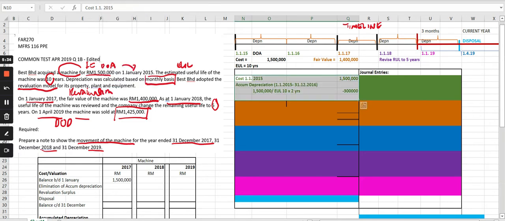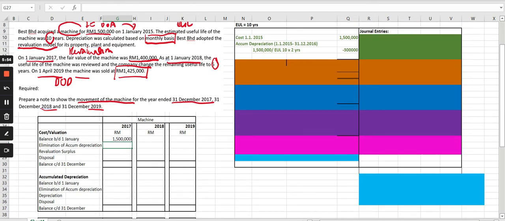You take the cost and you calculate depreciation for those 2 years: 1.5 million divided by the useful life, 10 years, times 2, because 2 years. So you have 300,000. And that 300,000 is the one that you will show here, which will be your depreciation to be shown at the beginning of the year, since that is from 1st of January 2015 for 2 years. So this would be the one here, 300,000. So you are done with that part.